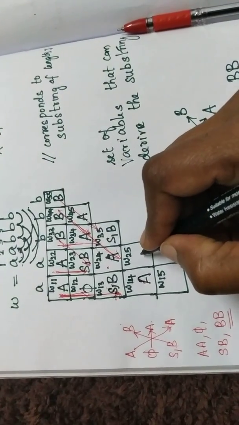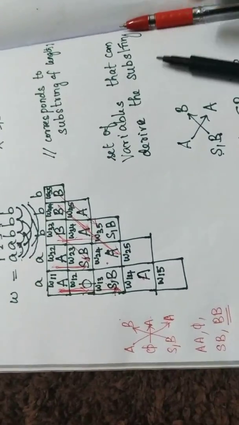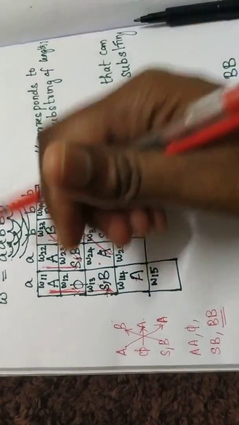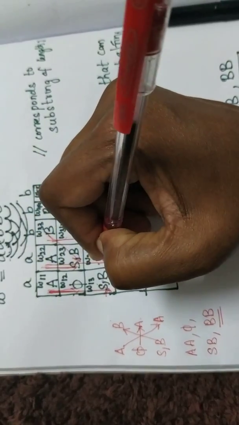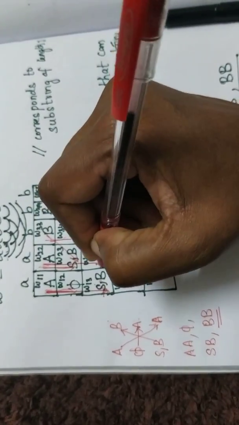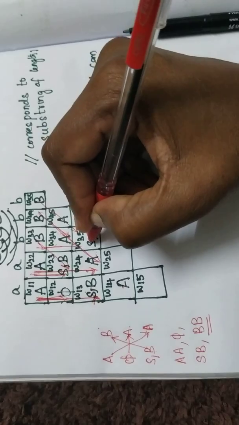And then coming to W2, phi. Now again this will also take the variables from here to here, and then its diagonal one.